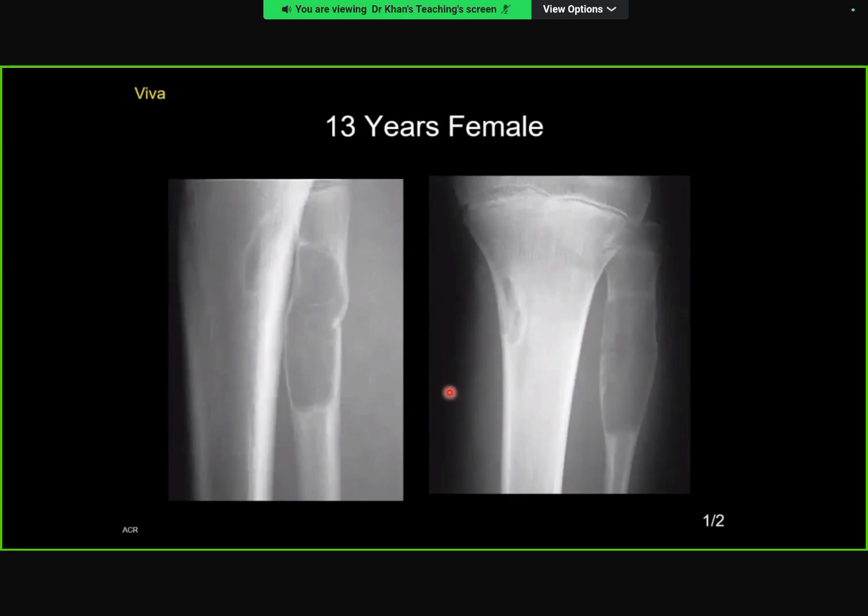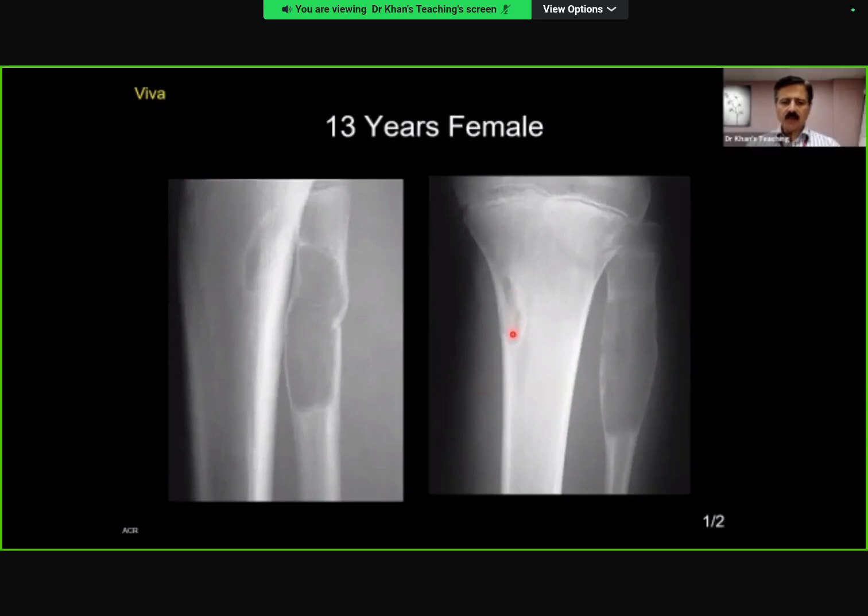And again, in the tibia proximal diaphysis, I can see another lucent lesion with a sclerotic margin, and again a narrow zone of transition. So the lesion in the fibula, given the intramedullary location and a narrow zone, I'm thinking is a simple bone cyst. And the lesion in the proximal diaphysis of the tibia appears to have some calcification within it.